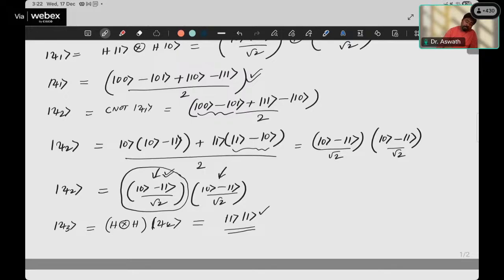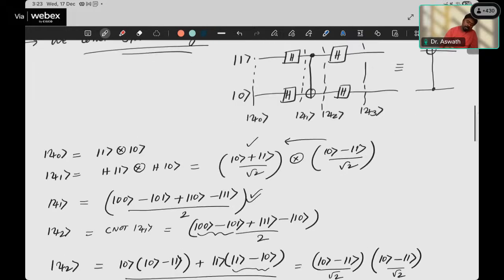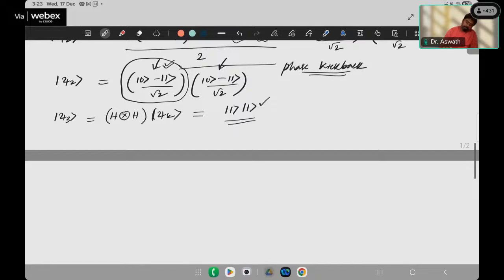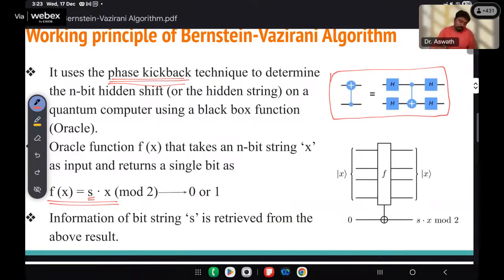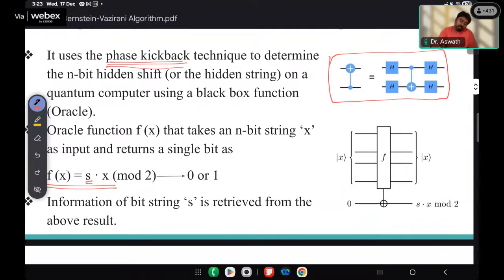So this is phase kickback for you. I have one more example in the PPT that we will see. I was just showing the controlled-NOT from top to bottom becomes bottom to up when I have Hadamards. That's important.